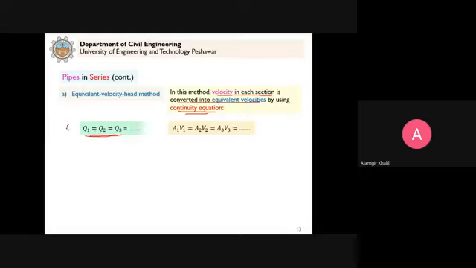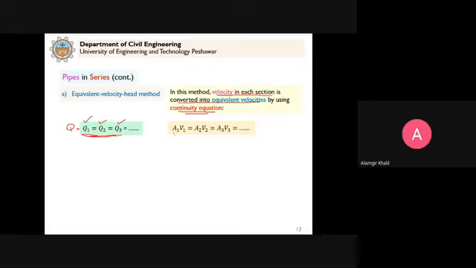Because the discharge Q is given, and from continuity, this Q is equal to Q1 equal to Q2 equal to Q3 for 3 pipes connected in series. And if we have a large number of pipes connected in series, then it will continue up to that, clear? So now this discharge is known.